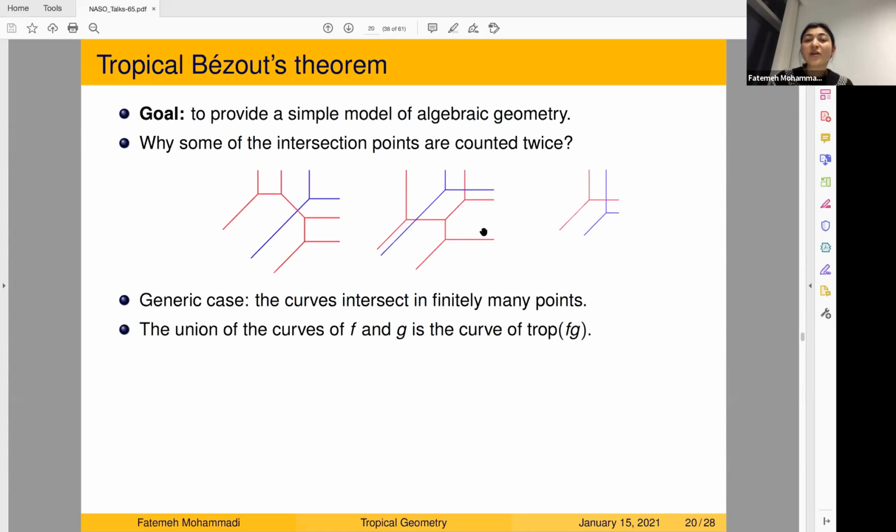And okay, so now if I look at these curves, each of them, this is the union of two curves, but I can see it as the tropicalization of this product. So I can think of this as just one curve, corresponding to the product of both of them.